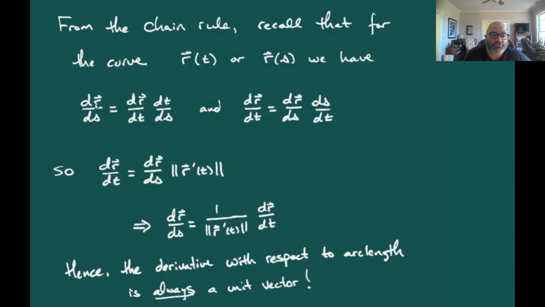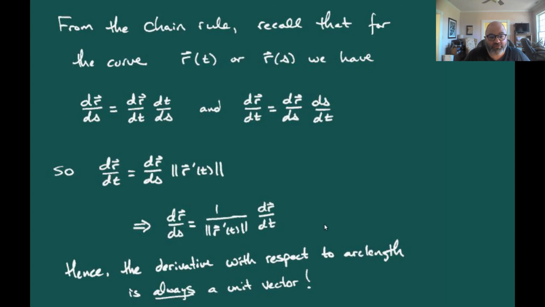Now, by the chain rule, if we take the derivative of r with respect to t, then we have dr/dt as being dr/ds times ds/dt. Well, we just figured out what ds/dt actually looks like. It's nothing more than the norm of the derivative, the norm of the tangent vector, so that dr/ds looks like 1 over the norm of the tangent vector times the tangent vector itself.